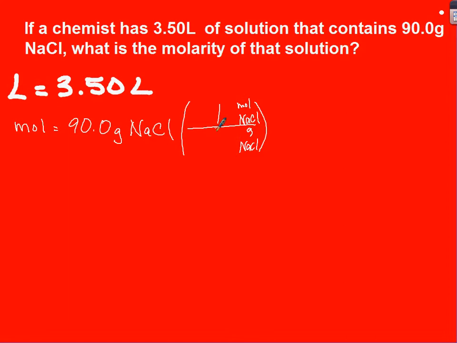So you look at it and you say, all right, how many sodiums do I have here? 1. So 1 sodium. Sodium weighs 23. And then I got 1 chlorine, which is 35. So 23 plus 35 equals 58.